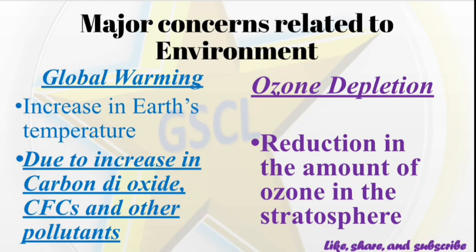The reduction of the amount of ozone in the stratosphere due to high levels of chlorine and bromine has a negative effect on all the organisms. Hence, the Montreal Protocol banned use of compounds such as chlorofluorocarbons and chemicals such as carbon tetrachloride and trichloroethane.